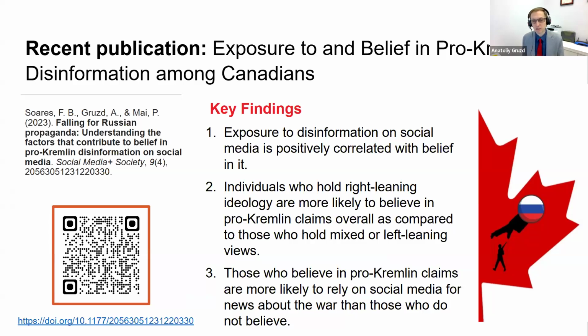And interestingly, in Canada, it's not surprising that exposure was positively correlated with belief. It could be that people who believe in it are more likely to seek it out, or it could be vice versa. But we also found an interesting trend: right-leaning and far-right Canadians are more likely to believe pro-Kremlin claims related to the Russia-Ukraine war, as opposed to mixed and left-leaning individuals.